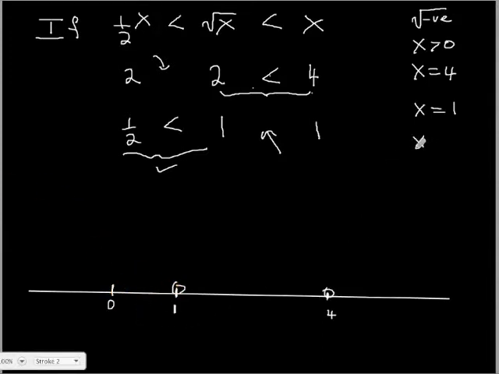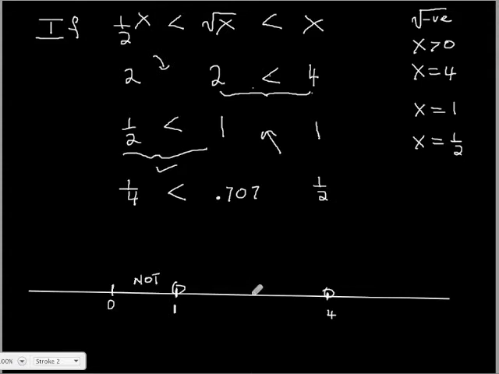So if x is equal to half, half of a half is a quarter. Square root of a half, I can do that on my calculator, is 0.707, so that works. 0.25 is indeed less than 0.707, but that is not less than a half. So it's not this region here.